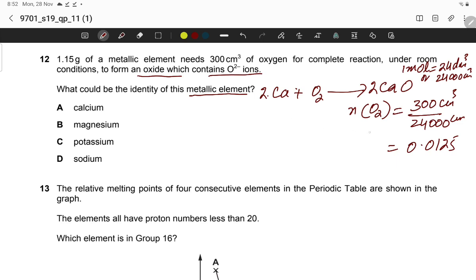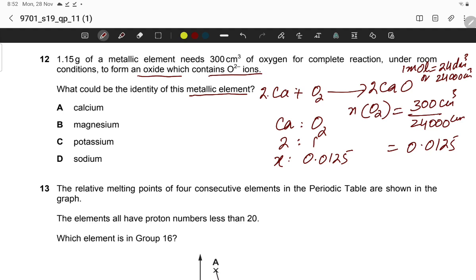By using mole ratio, calcium ratio 2, oxygen ratio 1, 0.0125 multiplied by x.